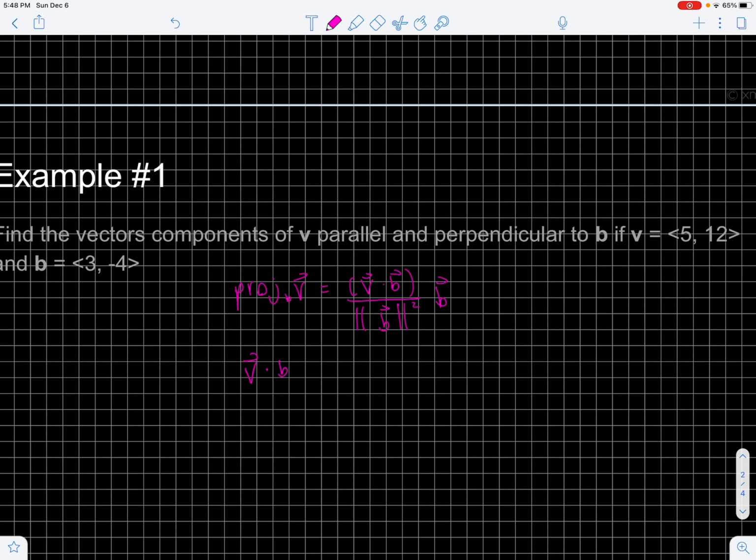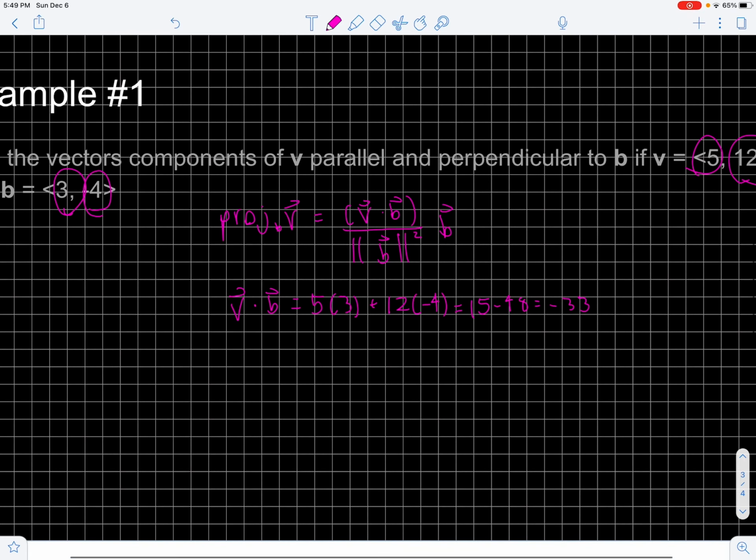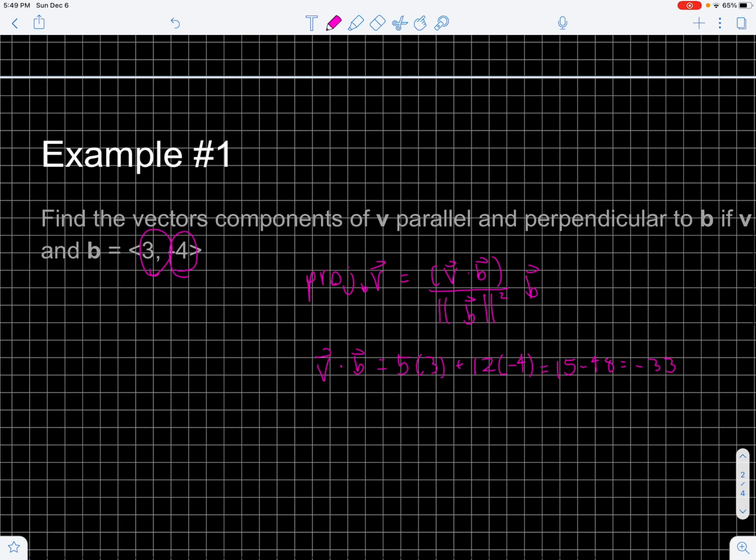We know that v dot b is 5 times 3 plus 12 times negative 4. That's 15 minus 48, negative 33. Easy money.